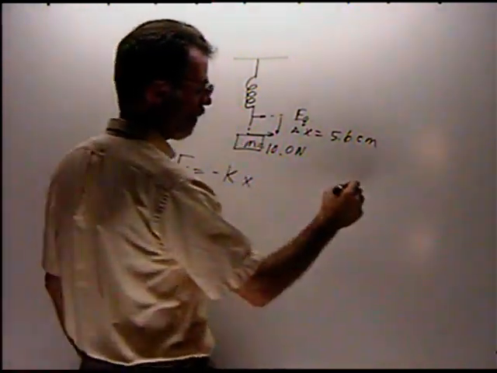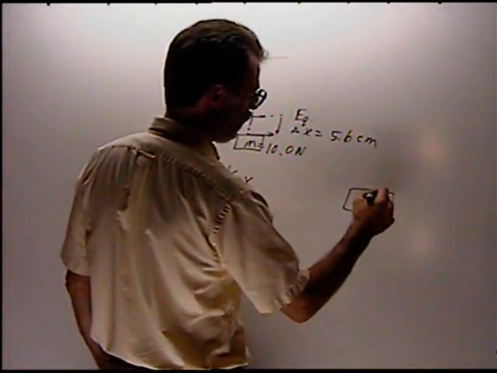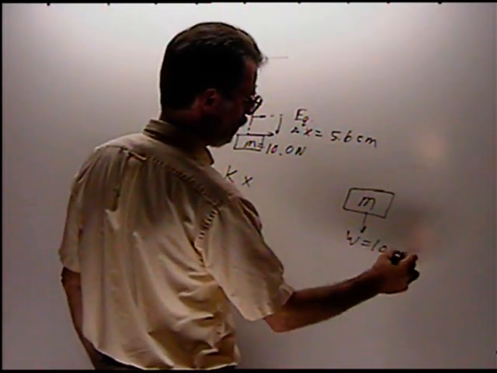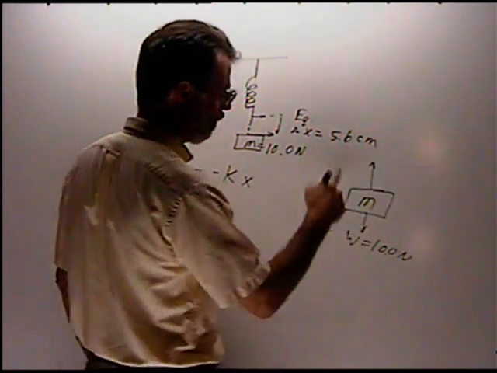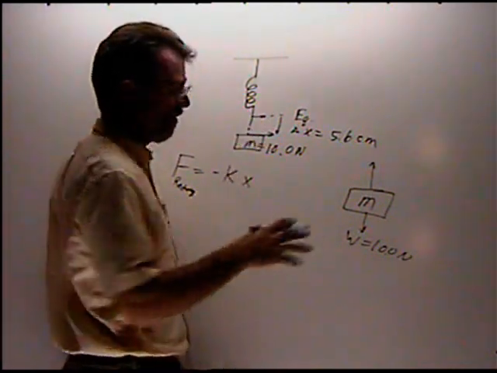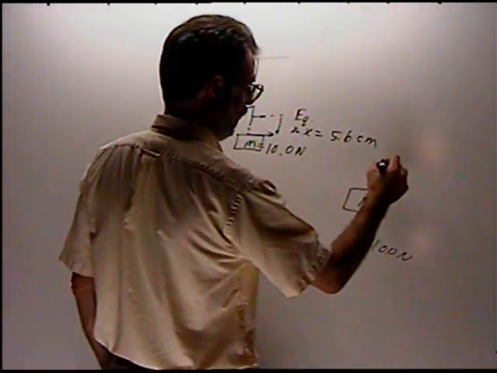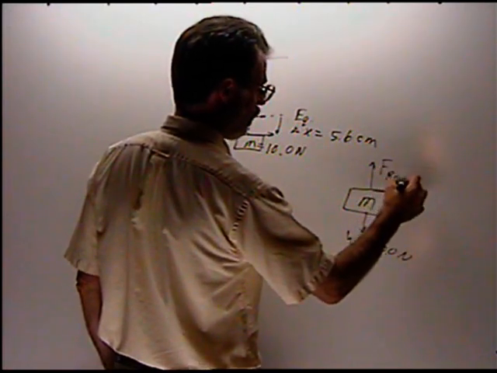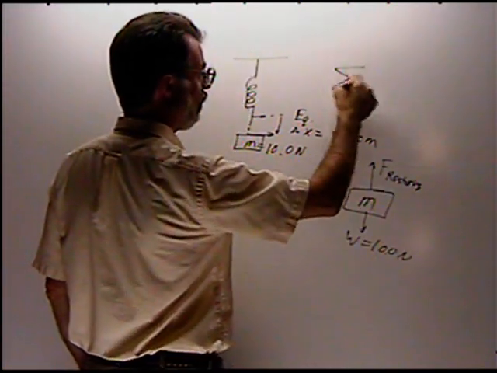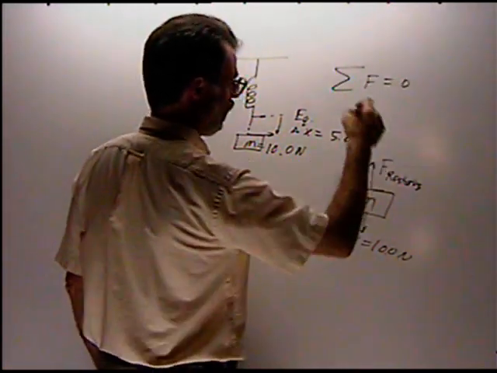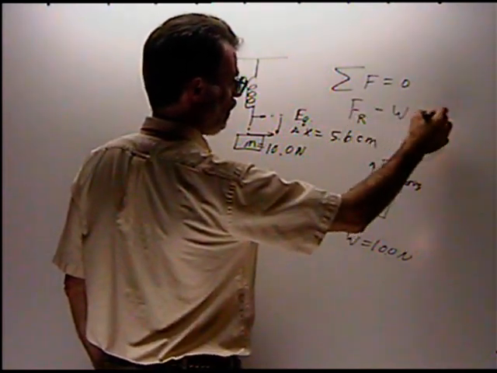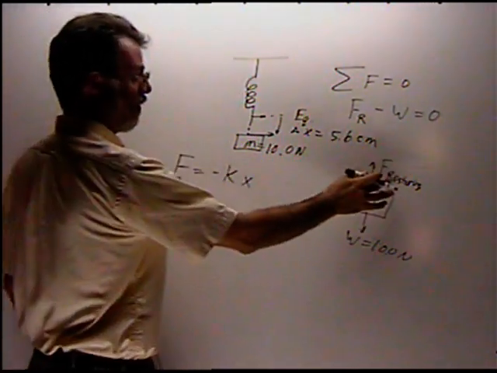If we draw a simple force diagram of this mass, we have the weight, which is 10 newtons acting down, and that's balanced by the restoring force of the spring, because this thing is not moving, so it's in static condition, and the sum of the forces is 0. So the restoring force acts up, and the weight acts down. So obviously the restoring force is equal to the weight.